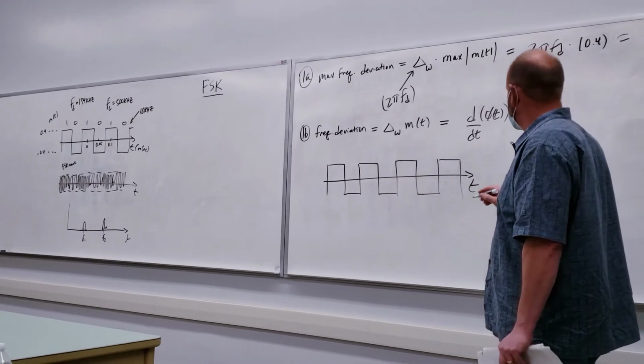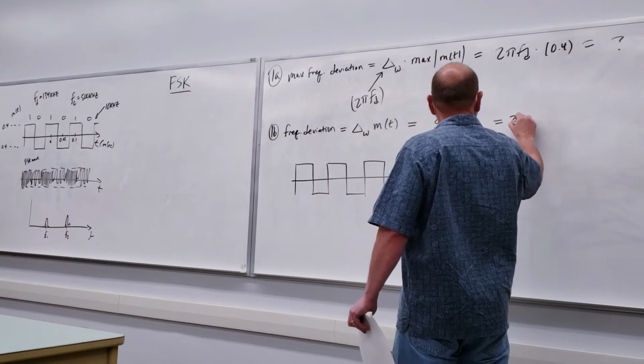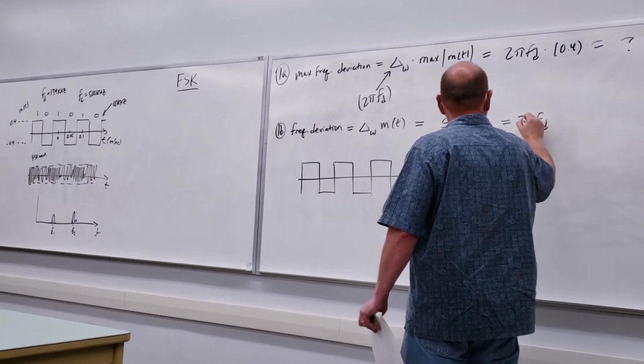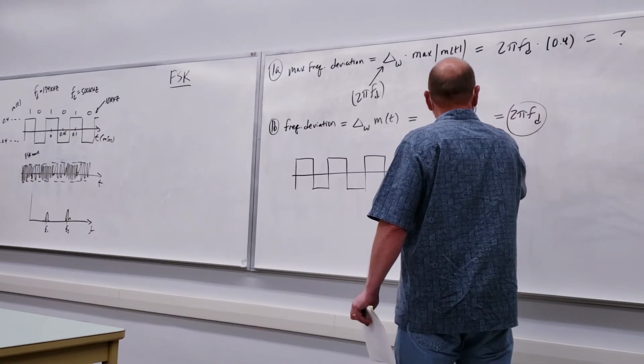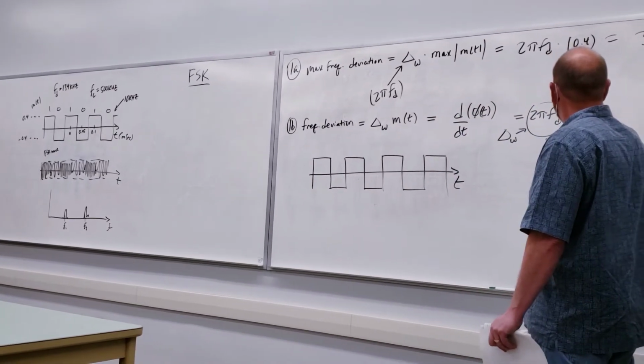All right, so this is going to be equal to 2 pi f sub d, because that quantity right there is our delta omega, right, times m of t.